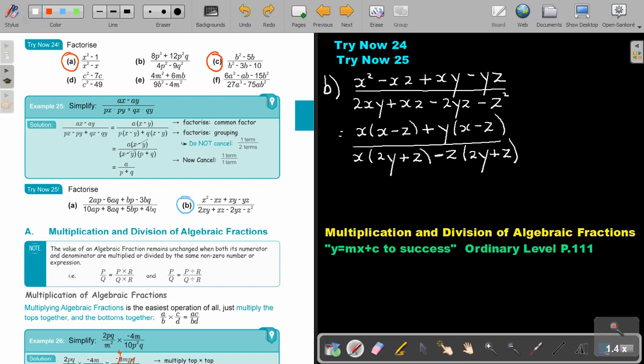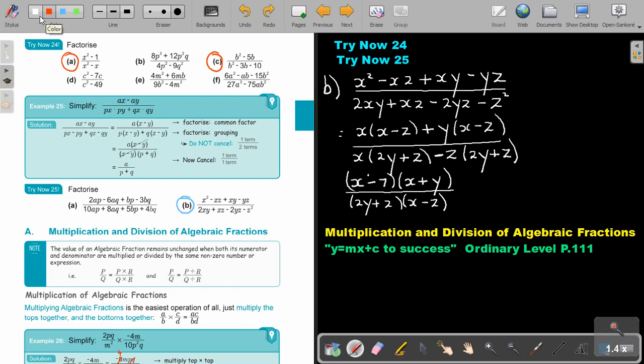So in this case, I'm going to take out the common bracket. So it's x minus z. And it's x plus y, and I take out, it's going to be 2y plus z, and it's going to be x minus z. And now for the first time, you can go and cancel out.